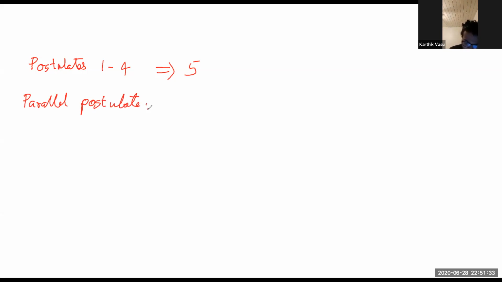if you have a given line and a point not on that line, there exists a unique straight line passing through this point. So this line is unique and this is also parallel to this line.